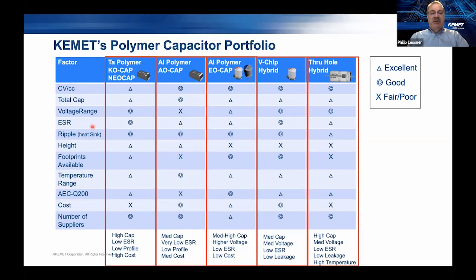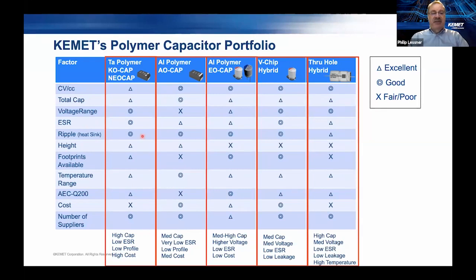So in choosing a polymer capacitor, it's really finding the right compromise between the technical product characteristics of the different product forms, and of course the total cost of the solution that you're aiming for. But this table is really to help you get started on sorting out the different advantages and disadvantages of the different products.